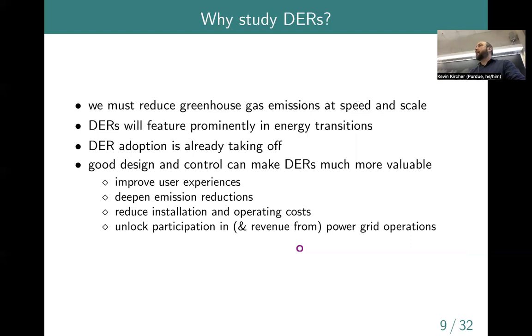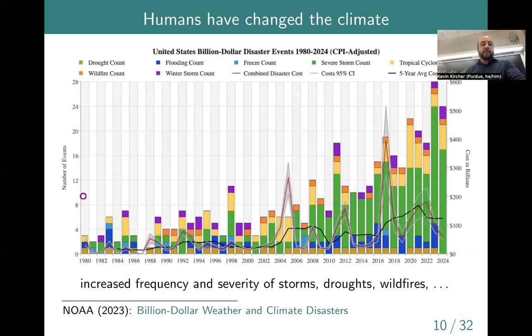So DERs often can provide electricity even during power outages and potentially provide life-saving services. But even during non-emergency conditions, coordinating the operation of DERs can make the operation of the power grid more reliable and more efficient, and save a lot of money at social scales.